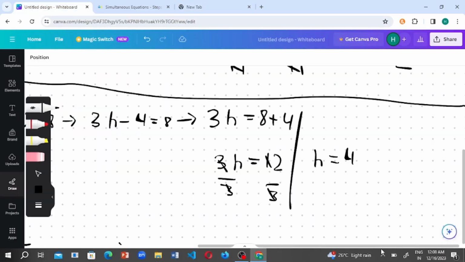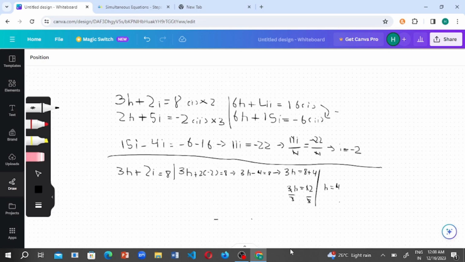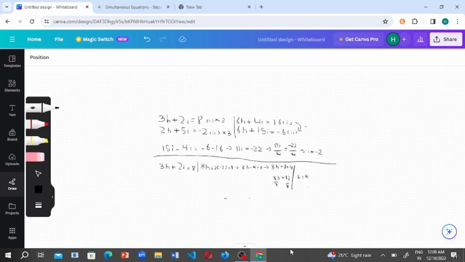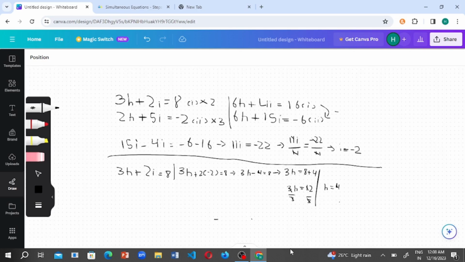So now, how are we meant to know if these values are actually correct? Well, I will substitute these values in the equation.